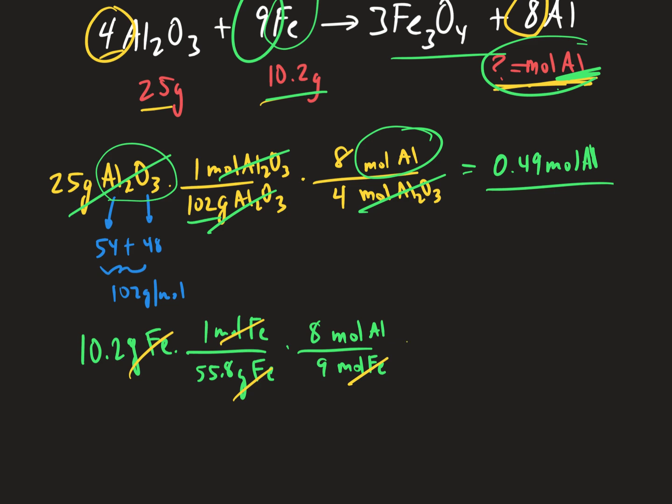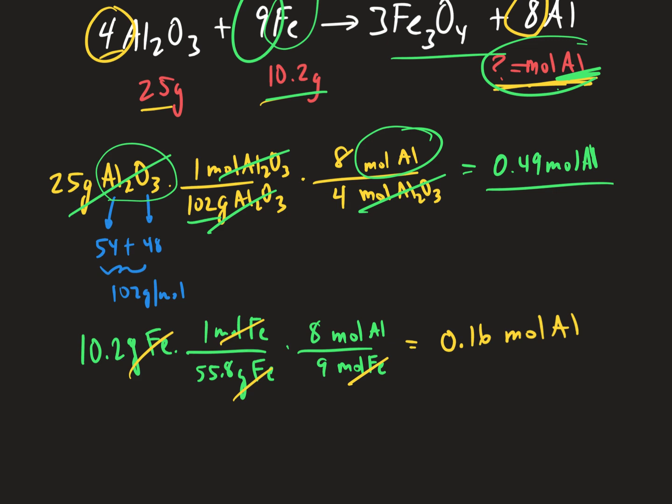What do we get? 0.16. Do I have a second person that got that? Okay, good. 0.16 moles of aluminum. Always check your answer. Do it twice. Sometimes we can make a mistake on our calculator, push the wrong button. Easy to do. So double check it.